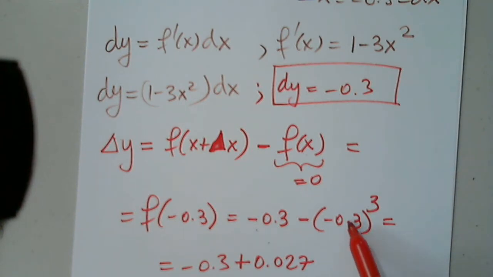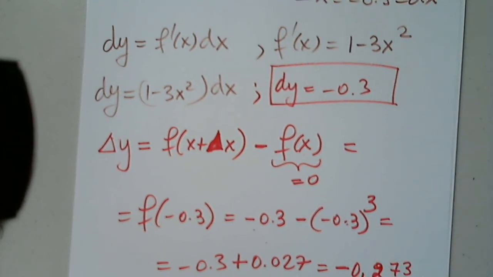But I have to have 3 decimal digits. 1, 2, 3. So now this is negative what? I have 3, and I have 7 and 2. 4. 0.273. Yes, thank you so much.